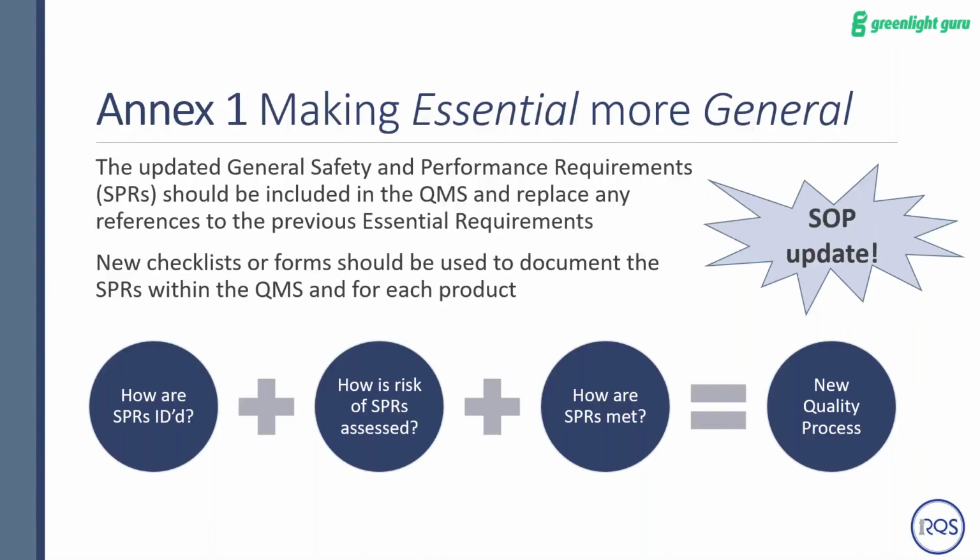But just make sure you're planning that within your quality system and outlining it with the scope of your devices. Some of the general things regarding the SPRs: how are they identified? This is in your high-level SOP. How are they risk assessed and how are they met? That's high level, and then you need to have all the forms and templates in place to actually document that you did these things.